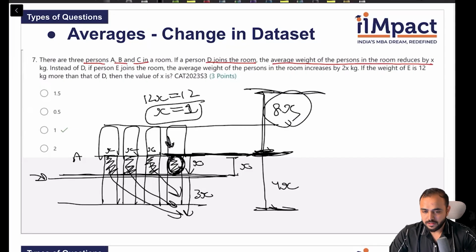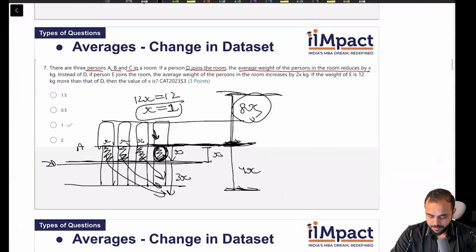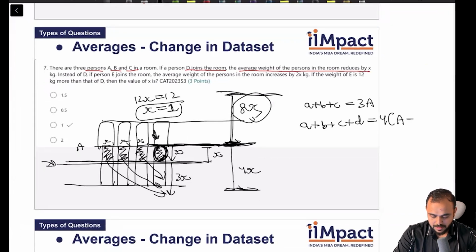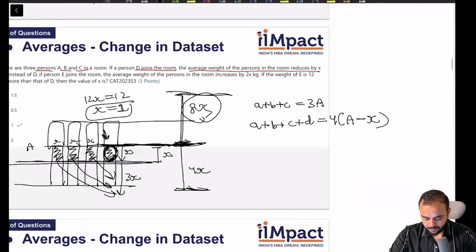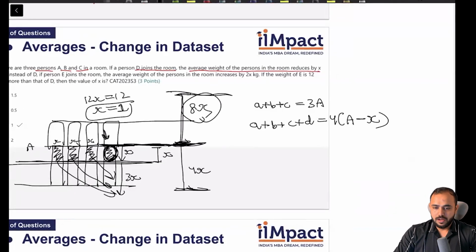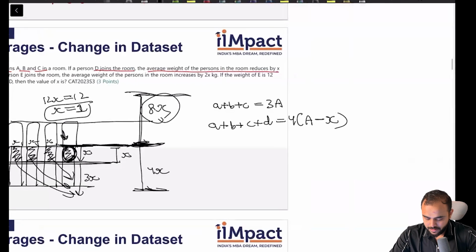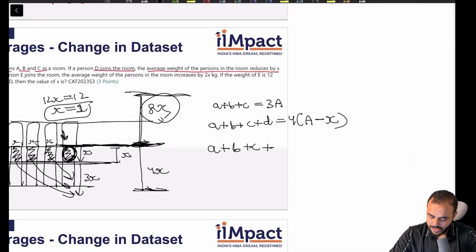The normal approach would have been A plus B plus C is equal to 3 times an average, and A plus B plus C plus D is equal to 4 times your average minus X. Secondly, the new equation for the additional part would be A plus B plus C plus E is going to be 4 times A plus 2x.